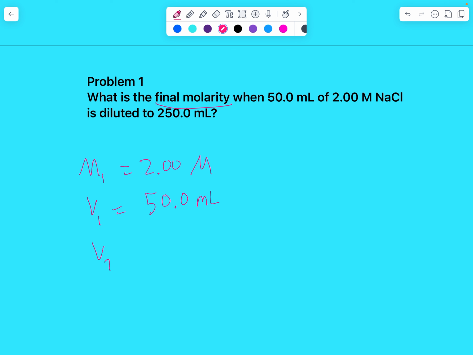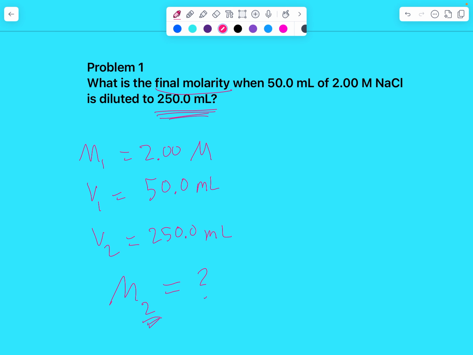V₂ is 250 milliliters, since it's diluted. And the final molarity, M₂, is the end, not the first, so it's the second, which is the final, and equals unknown. I don't know what that is. Volumes can cancel, so milliliters are okay here. It's not like liters and milliliters, because that would have been a big different story.